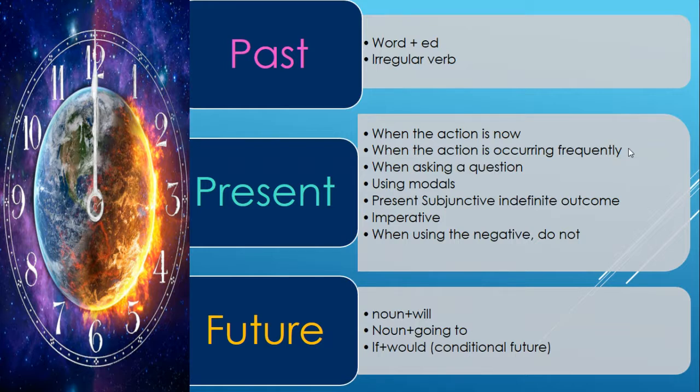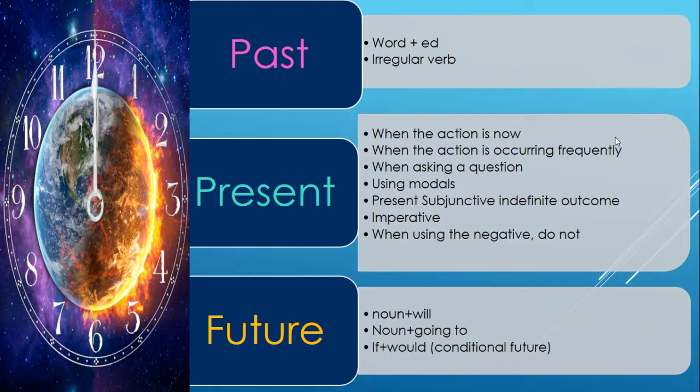Okay, so you're using words like often, sometimes, frequently. So it's an action that could be done today, it could be done tomorrow. It's an action that you just do frequently.